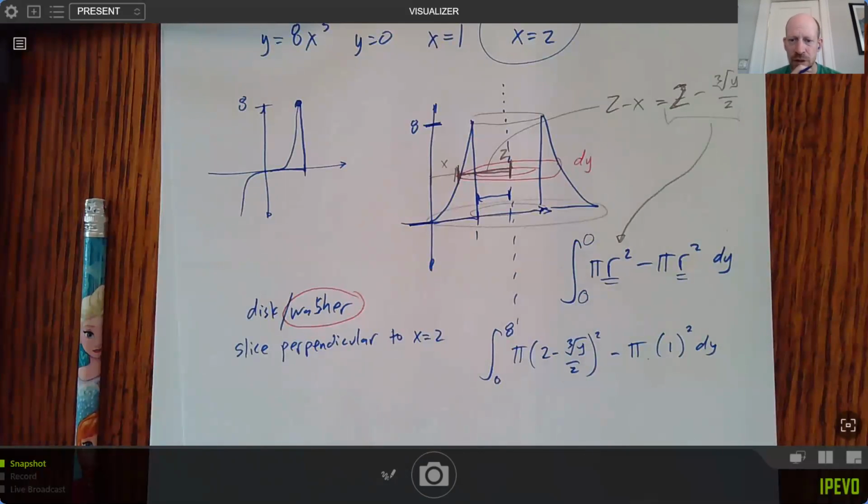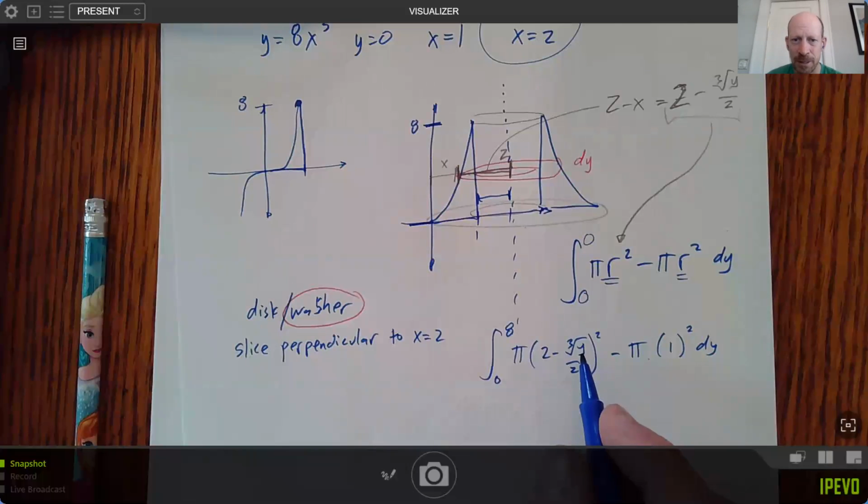Okay. This is actually a little bit of a pain to find the antiderivative of because I have to square this out, which I'm not really looking forward to. And then deal with these fractional exponents, which again, we can do and we'll get the right answer.